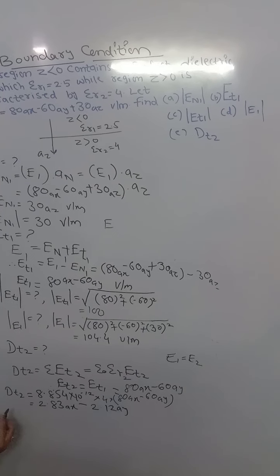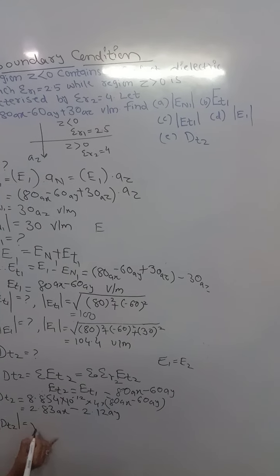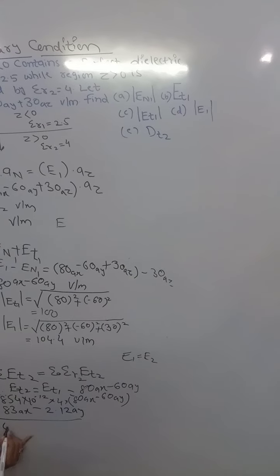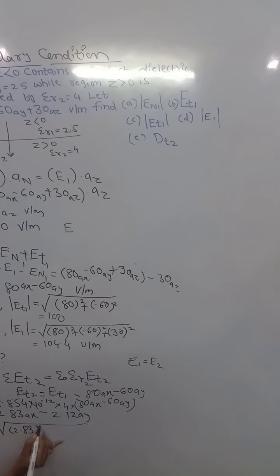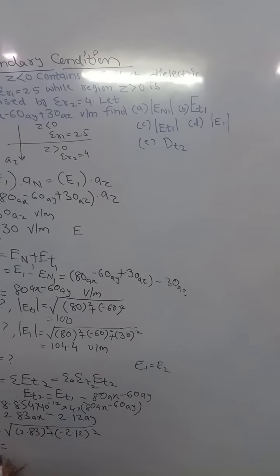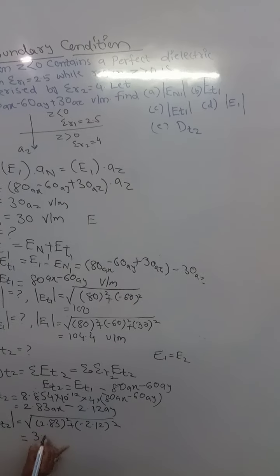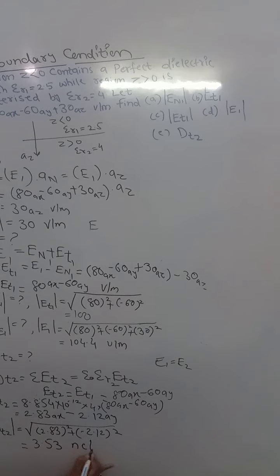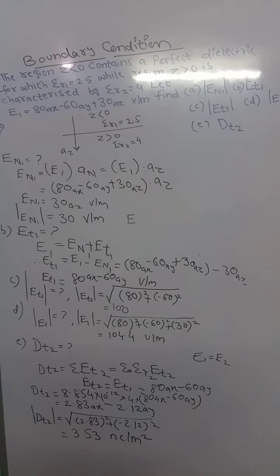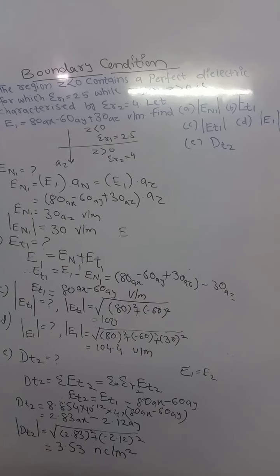This is in region 2. If you want the magnitude, it is the root of 2.83 squared plus minus 2.12 squared, and finally you get 3.53 nanocoulomb per meter squared.